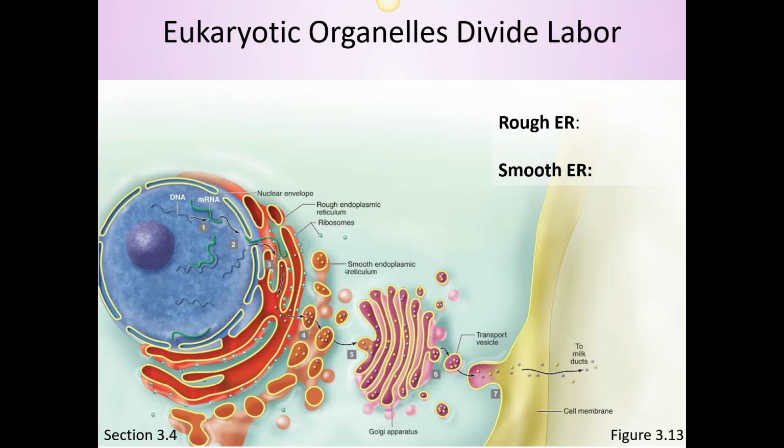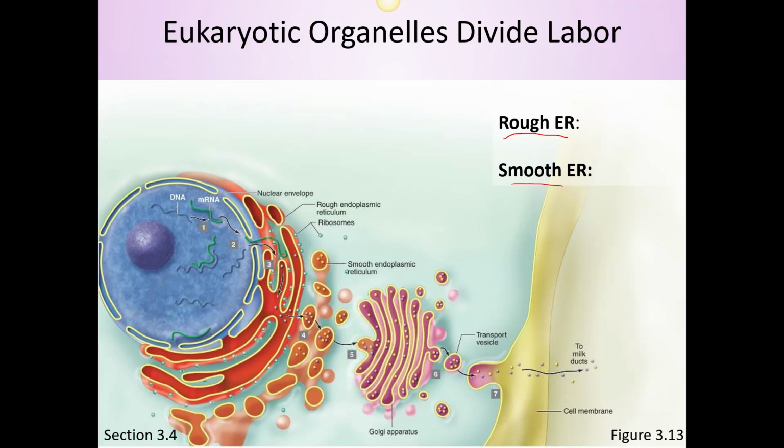And there's a difference between rough ER, rough endoplasmic reticulum, and smooth endoplasmic reticulum. Rough ER has ribosomes, and it's responsible for protein production to produce proteins that are going to be secreted from the cell.